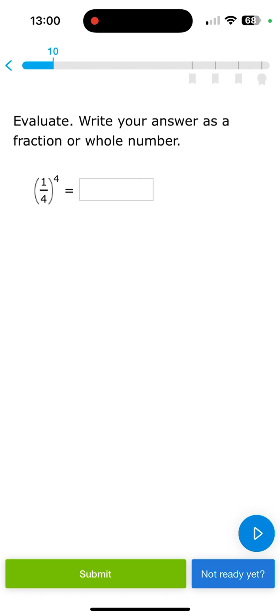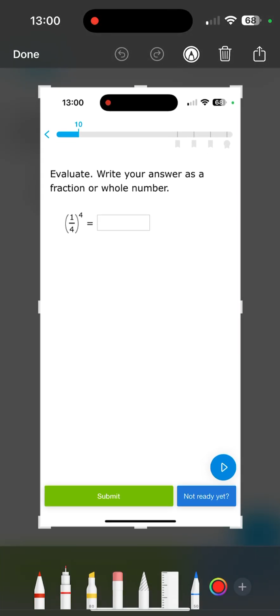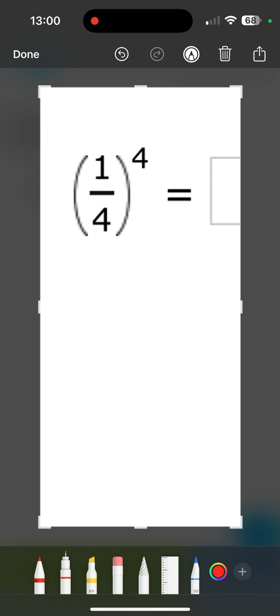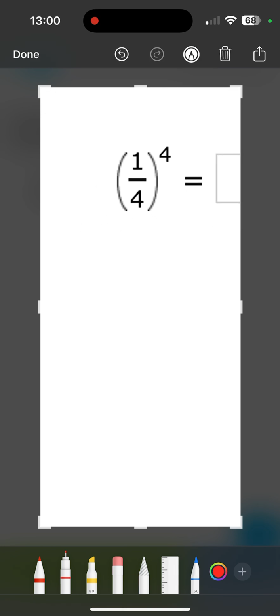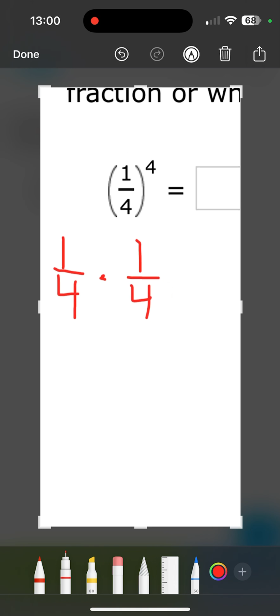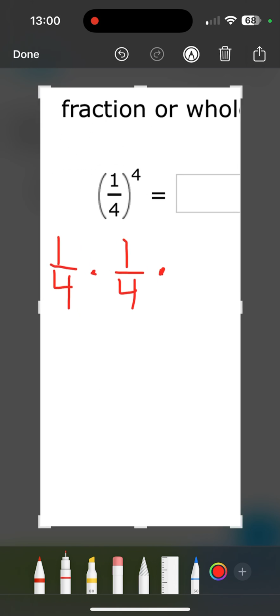Okay, more of the same. We're just focusing here on the denominator, really, at the end of the day. We were doing this in the last IXL, it's just now the 4 is in the denominator.